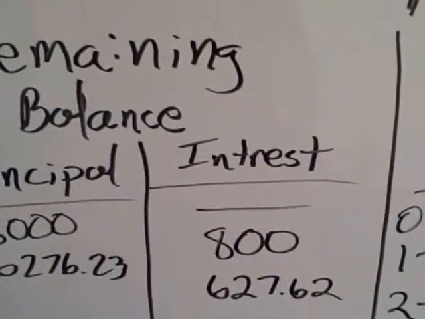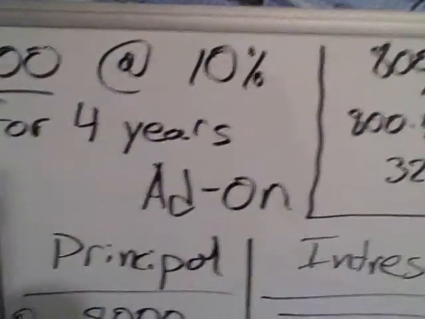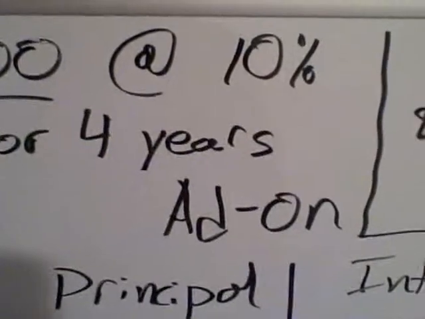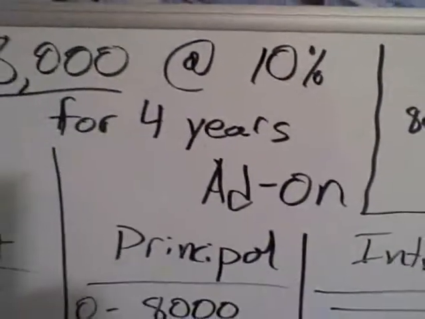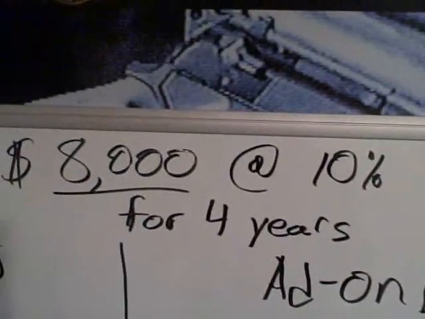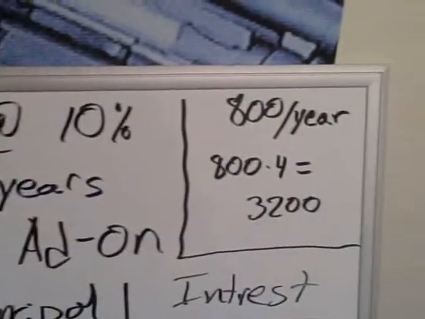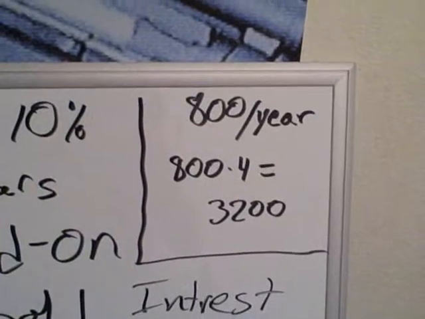Next form that we're going to go over is another form that you'll see a lot, and it's called the add-on method. The add-on method assumes that you pay the interest in a set amount. So if you have an $8,000 loan, 10% interest for 4 years, you're going to be paying $800 a year.